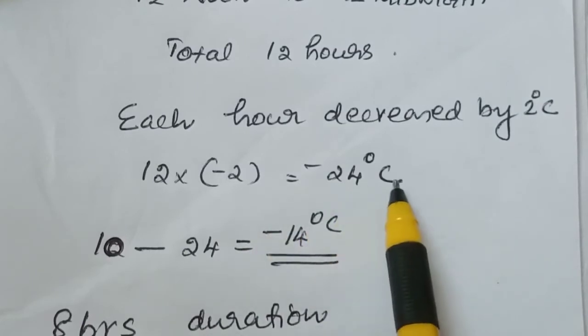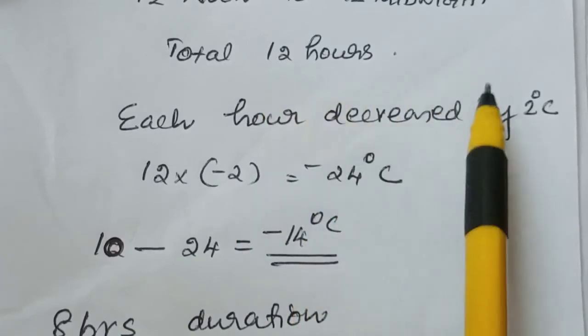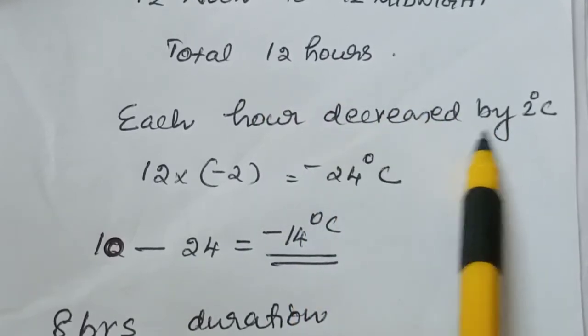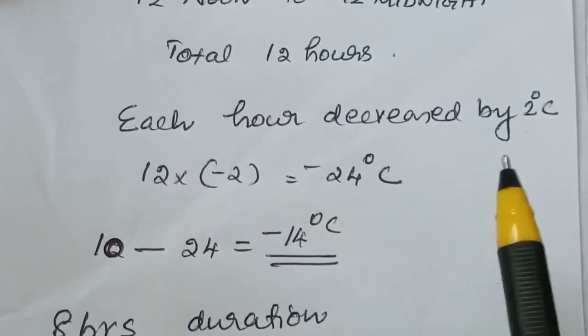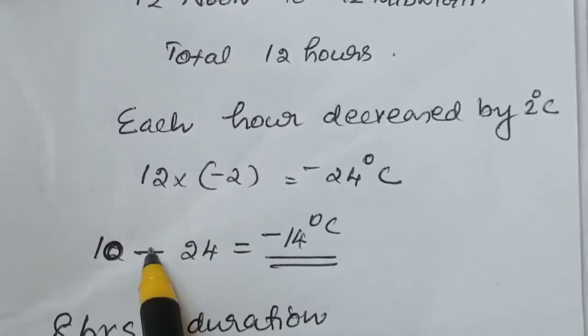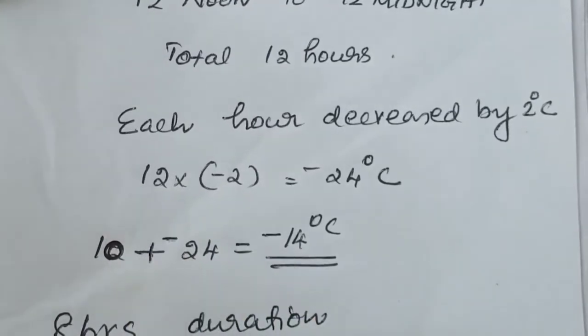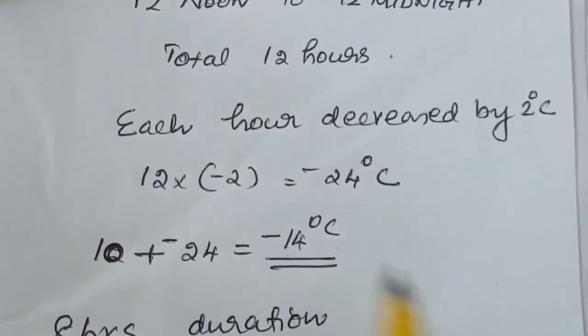Therefore 12 into -2, that is -24 degrees Celsius. We started checking the temperature at 10 degrees at 12 noon. So we want to subtract 24 from 10, or add 10 plus -24. So this is -14 degrees Celsius.